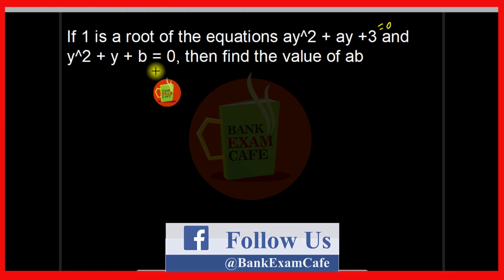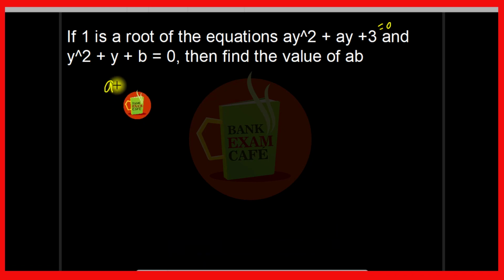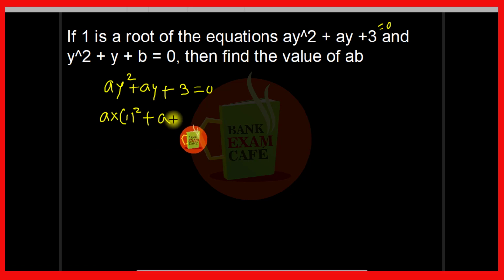So here you will first take this equation a y square plus a y plus 3 equal to 0, and since 1 is a root of this equation, it should be satisfied by this equation, and therefore we will put the value of y as 1. So a into 1 square plus a into 1 plus 3, which is equal to 0.